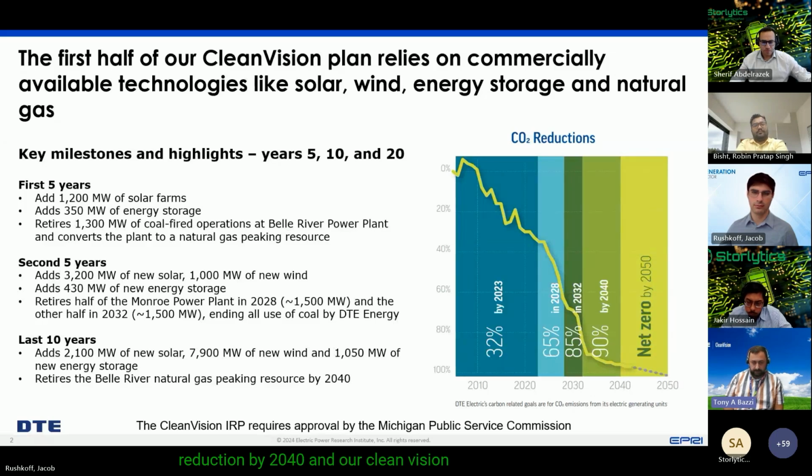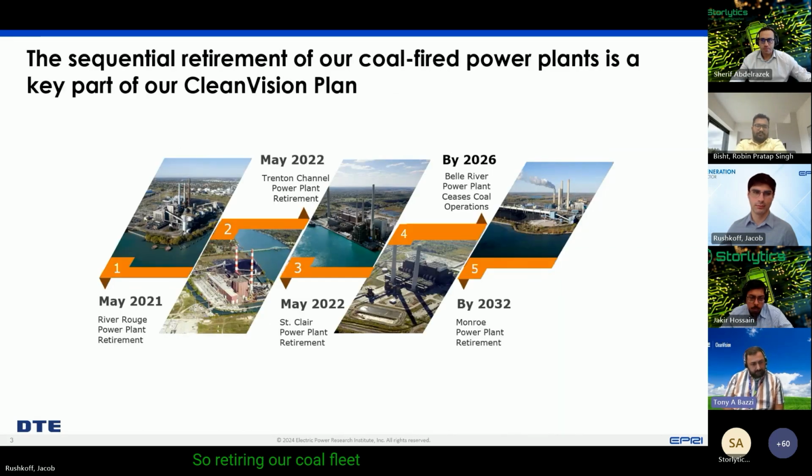Our Clean Vision plan includes expanding renewables, investing in state-of-the-art natural gas generation, while retiring our coal plants and promoting energy efficiency and demand response to reduce emissions. Retiring our coal fleet is a key part of our Clean Vision plan. However, we have to manage that very carefully by working with our communities and our employees as well.